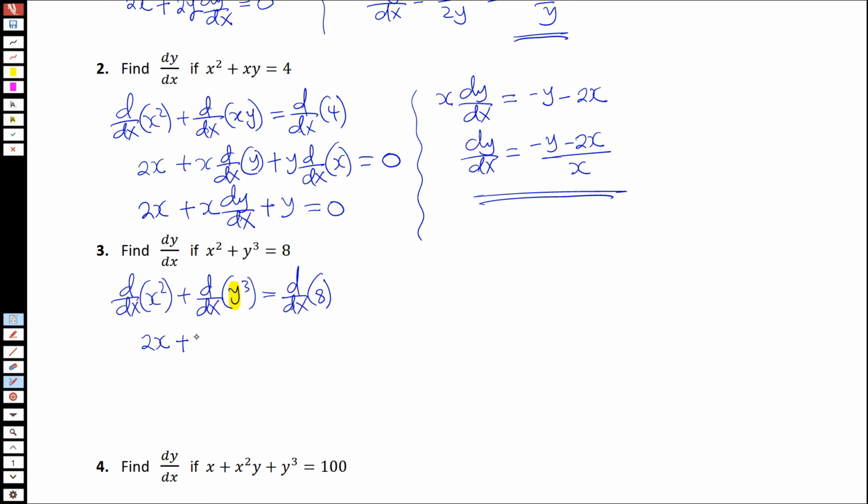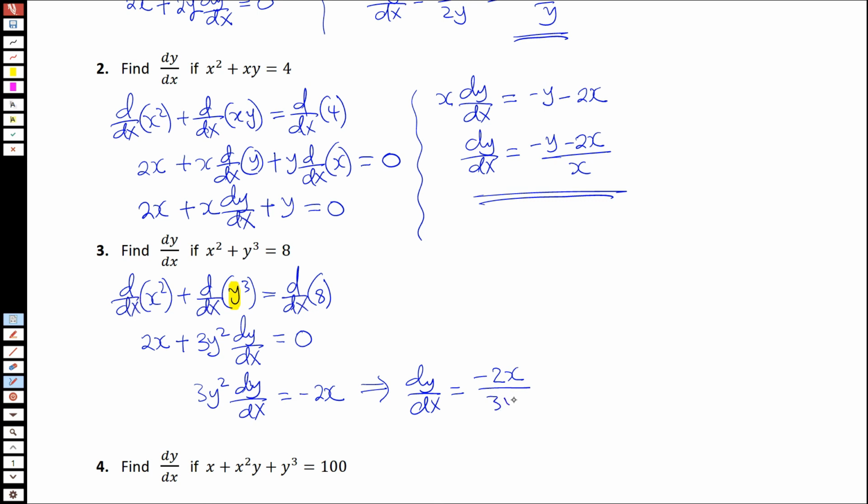So you bring 3 in front and then y squared, and then derivative of inside, derivative of y is just dy over dx, and then you have 0. Now we have to rearrange this. So we'll have 3y squared dy over dx will be equal to negative 2x, which implies that dy over dx will be equal to negative 2x over 3y squared.